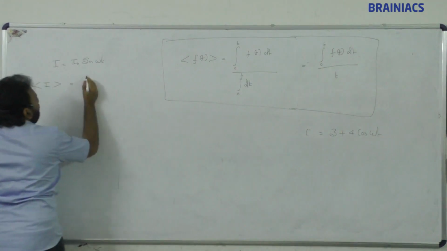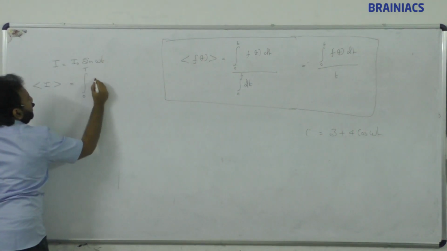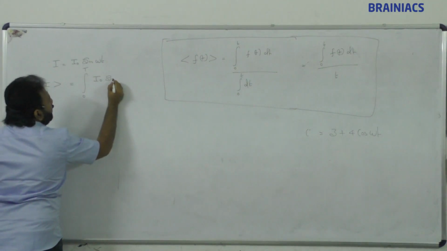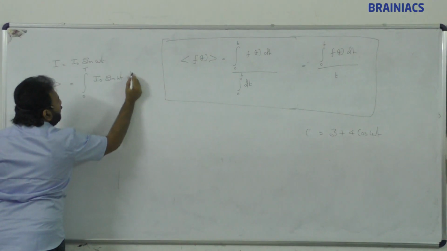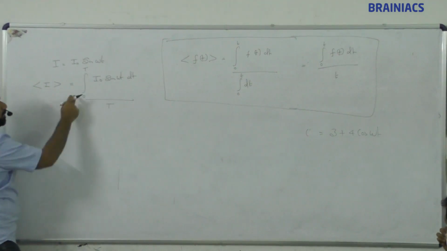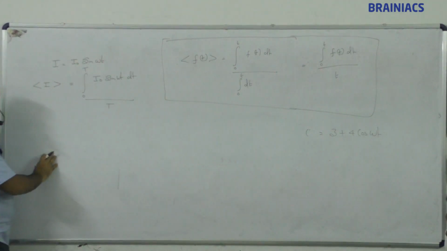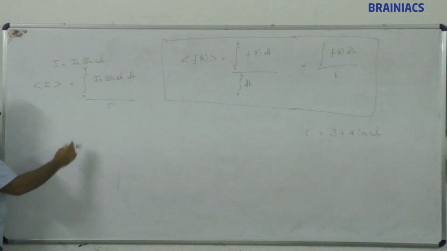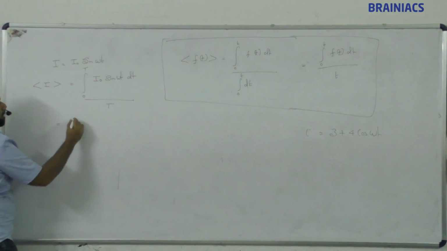So what I'm going to do is integrate from 0 to T of I naught sin omega t dt, divided by the full time period T. Now just integrate this.